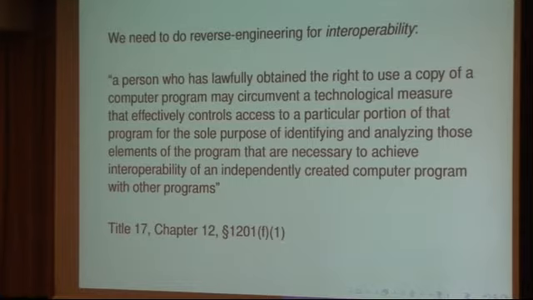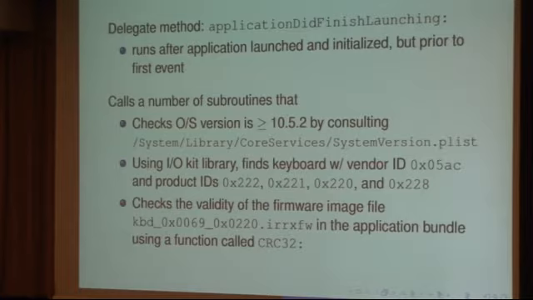So what I've done is I've created a Trojan for Apple's keyboard. And in order to make sure that this Trojan is interoperable with Apple's keyboard, I need to do reverse engineering. So there's no DMCA violation here. Okay, all right, so now we're going to step into reverse engineering.